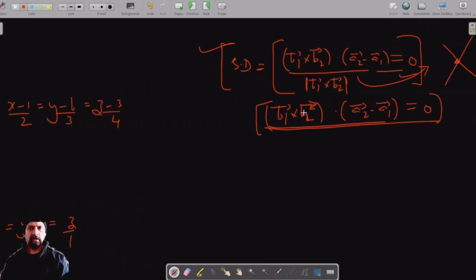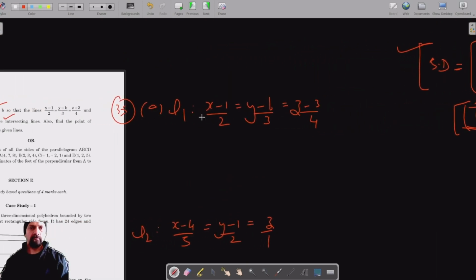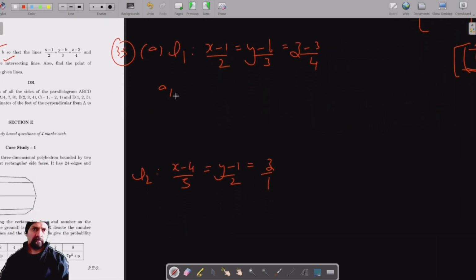For that, let's get our a2, a1 and b1, b2. A1 is the position vector 1, b, 3, so it is i cap plus b j cap plus 3k cap. Similarly, b1 vector is parallel to line L1, and from the direction ratios it is 2i cap plus 3j cap plus 4k cap.